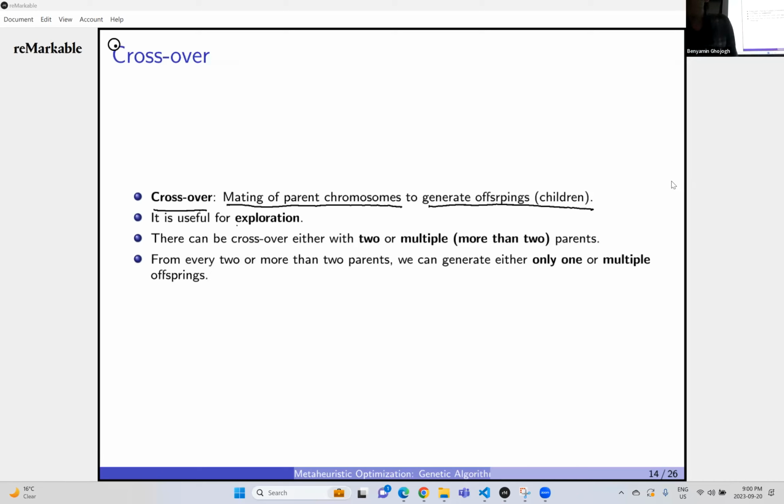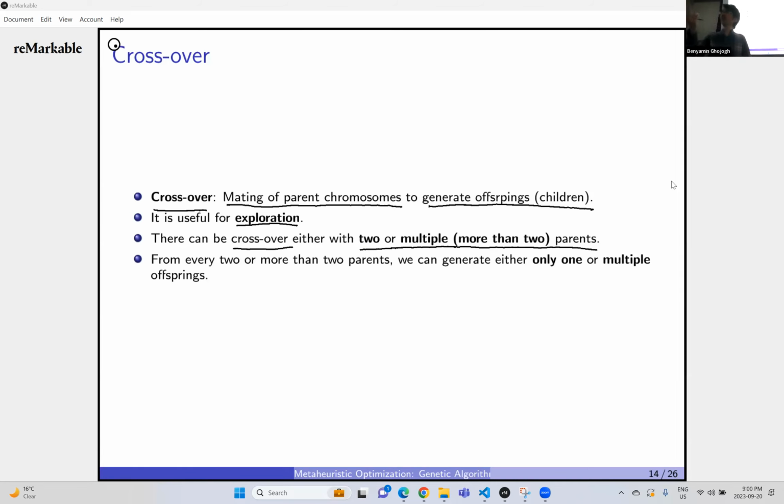It is used for exploration. Why? I have two parents. They make a child. The child is a new person and searches for itself. So I jump to different parts, and this is good for exploration. Crossover can be with either two or multiple parents.